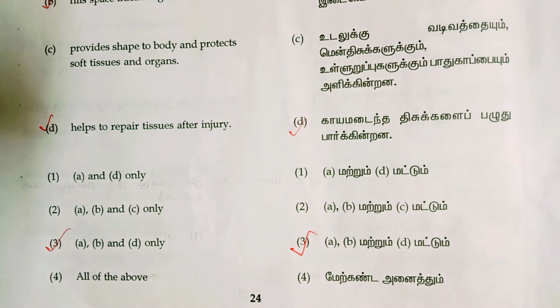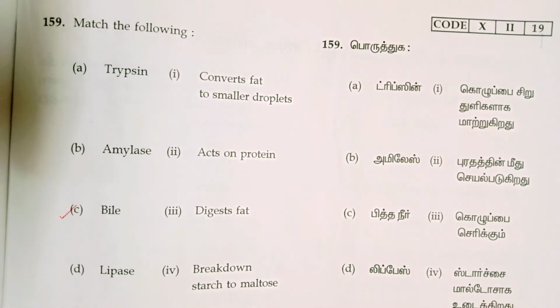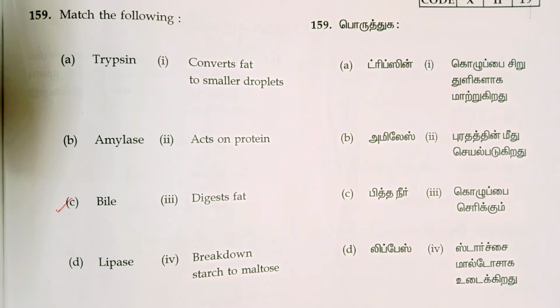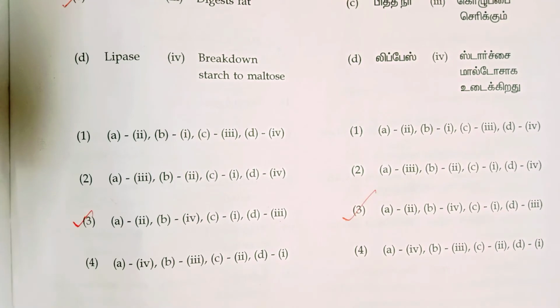So answer is the third one. Match the following. Trypsin acts on protein. Amylase breaks down starch to maltose. Bile converts fat to smaller droplets. Lipase digests fat. So answer 3 is correct.